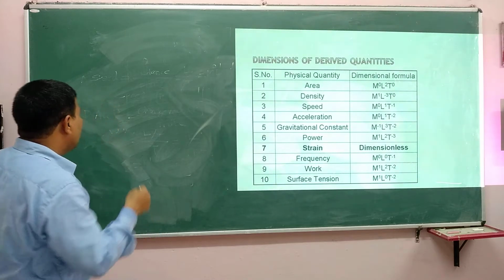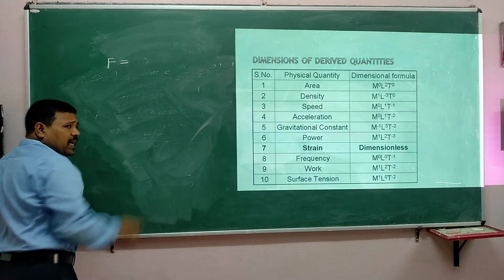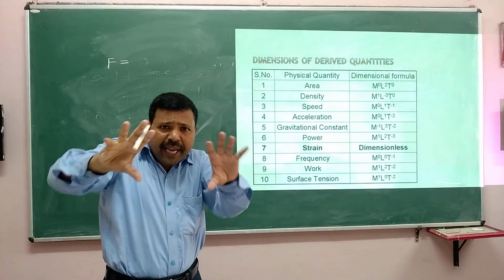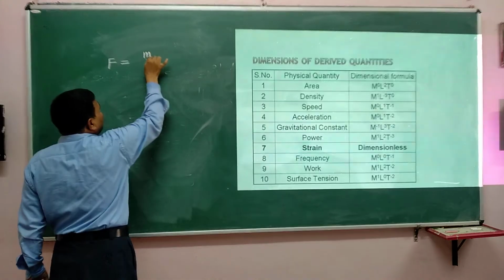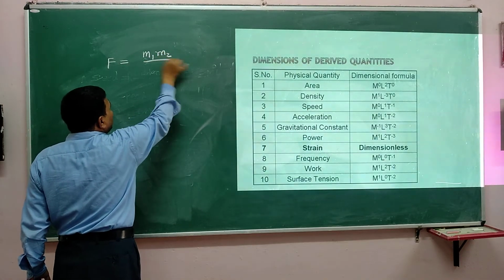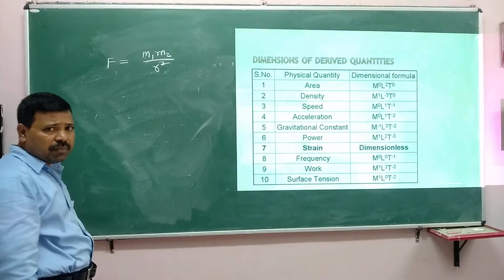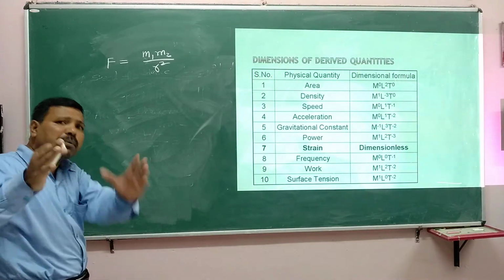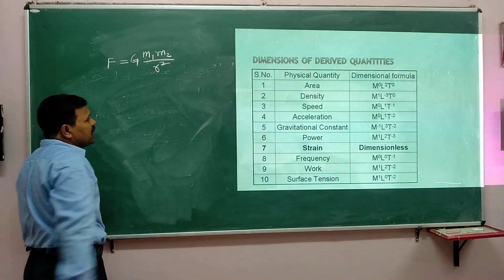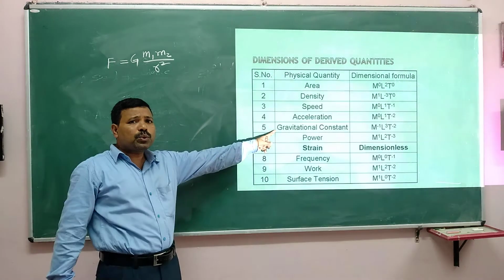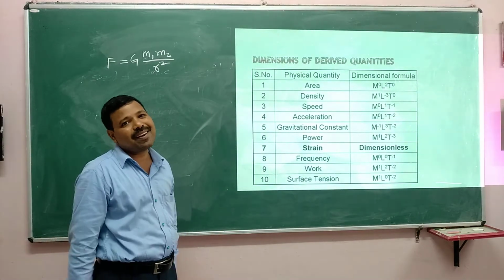According to Newton, the gravitational force between any two objects is directly proportional to the product of the masses and inversely proportional to the square of the distance between them, keeping one proportionality constant, say G. Here it is asked to write the dimensional formula of gravitational constant.